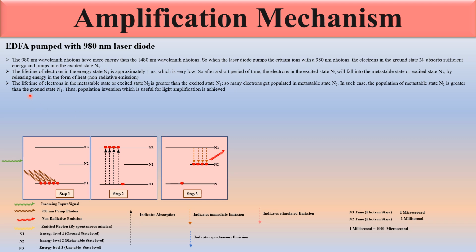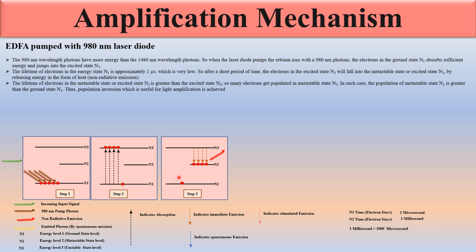The lifetime of electrons in the metastable state N2 is greater than in N3. This is 1 millisecond, so many electrons get populated in N2. Electrons absorb the energy, go to the higher energy state N3, and move from N3 to N2. They spend 1 microsecond in N3 and 1 millisecond in N2.